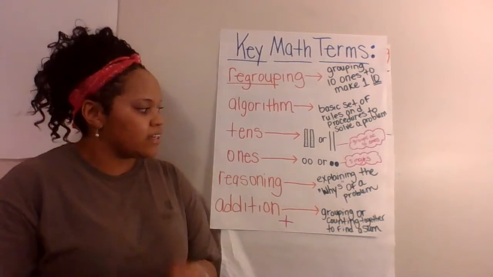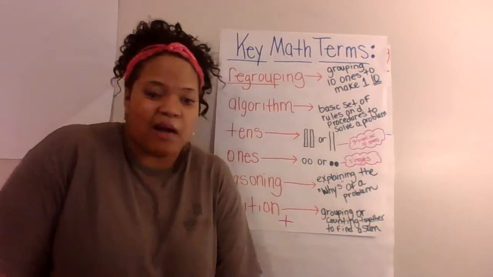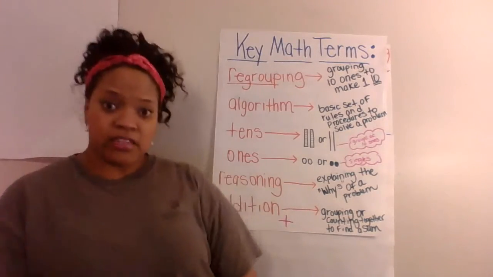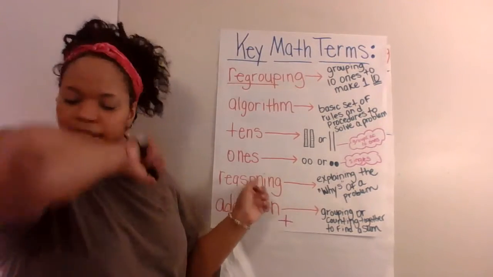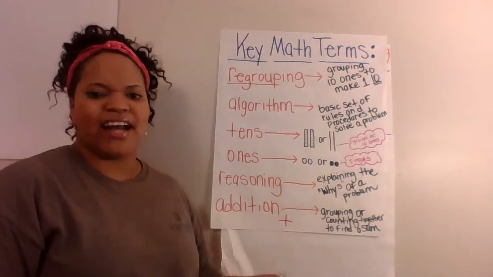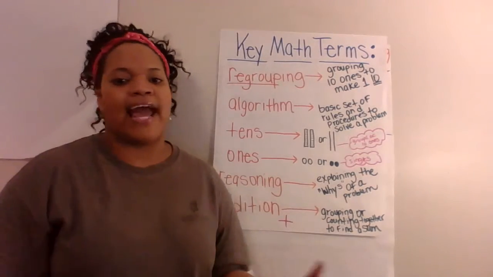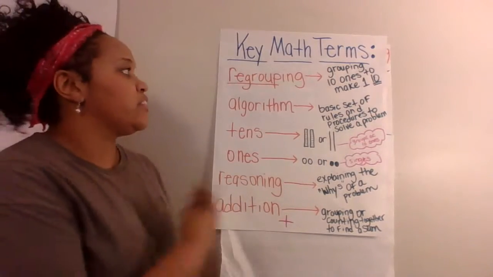What that means is we want you to explain why. The whys of the problem. Why did you do this? Why are you thinking this? This is very important with our mathematical practices. And of course, addition, which is grouping or counting together to find a sum. So these are the key math terms.